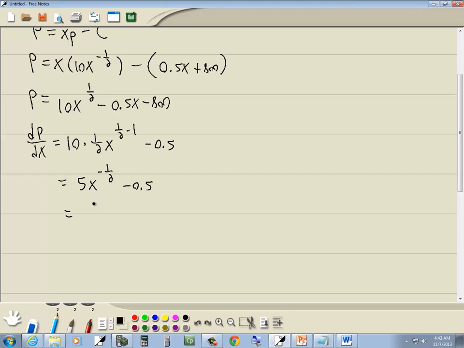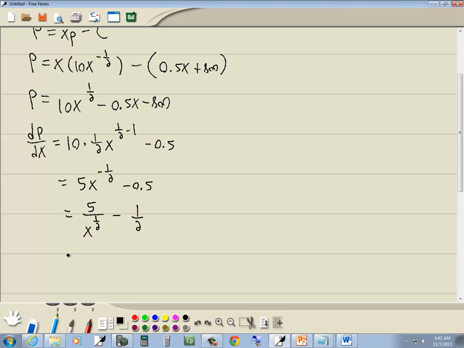And I'm going to take that x to the negative 1/2 down to the denominator, so we have 5 over x to the 1/2, minus 0.5. Put that in fraction form, that's 5/10 or 1/2. If you're not very comfortable with that, you could plug 0.5 into your calculator, do math enter, and it'll change it to 1/2 for you.